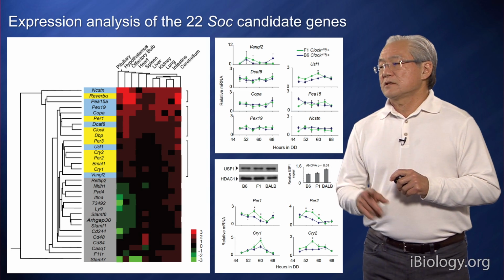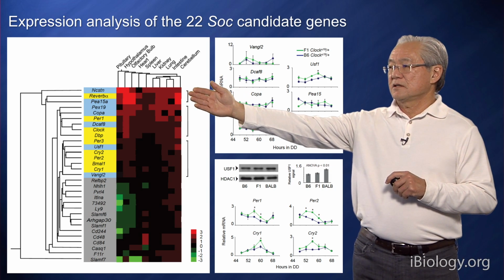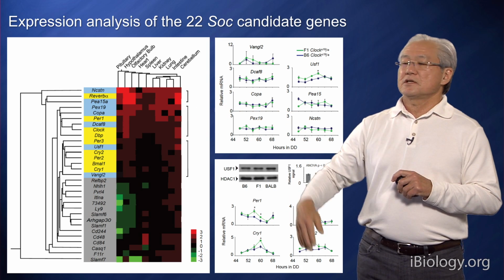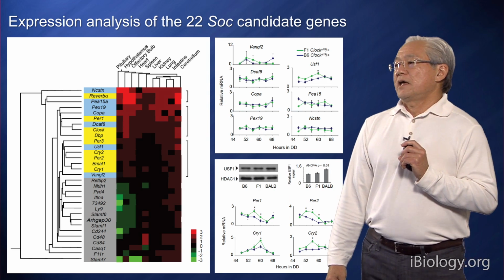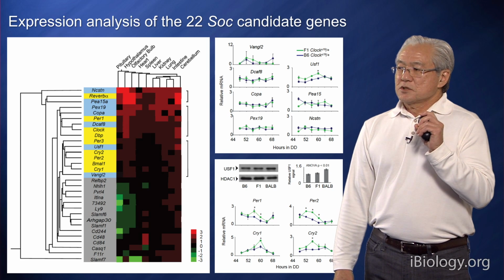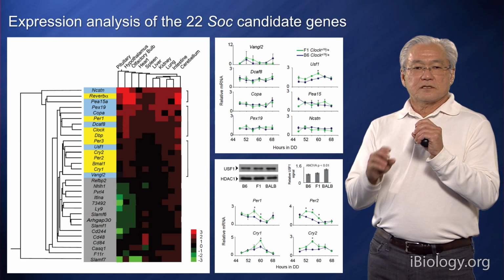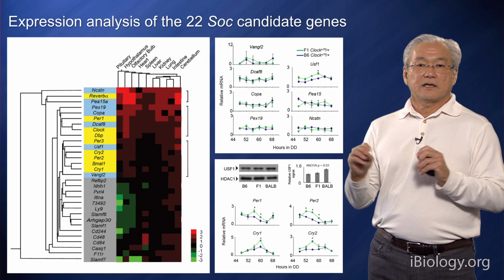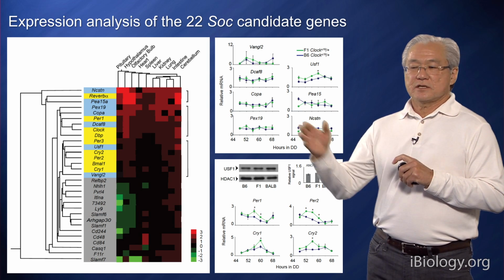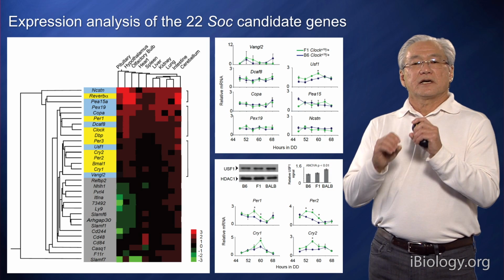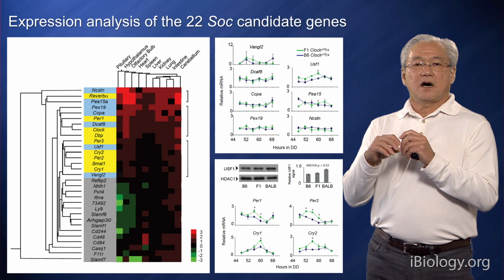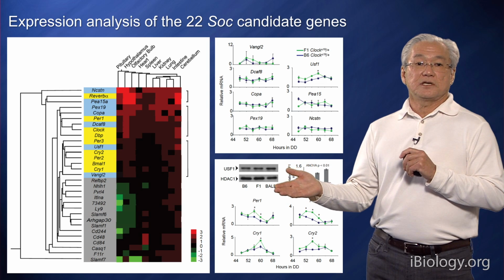And so one method that we did, shown here on the left, is to look at the expression pattern of these 22 genes. And because the suppressor of clock is ubiquitously distributed like a clock gene, we asked how many of the 22 suppressor genes have an expression pattern that's common or similar to the clock genes.